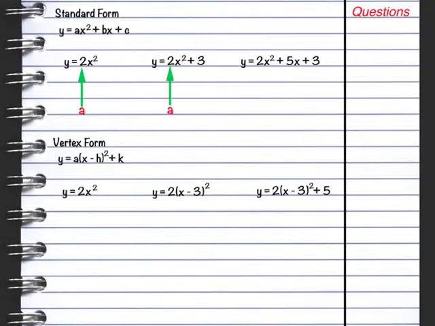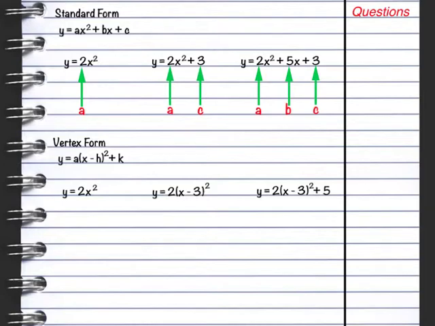Now because it does not have a variable associated with it, this is your c value, or your constant term. And then here we have the b value. The a value is always associated with the x squared. The b value is always associated with the x. And then of course our constant term has no variable associated with it. So being able to know which of these variables is a, b, or c is important.